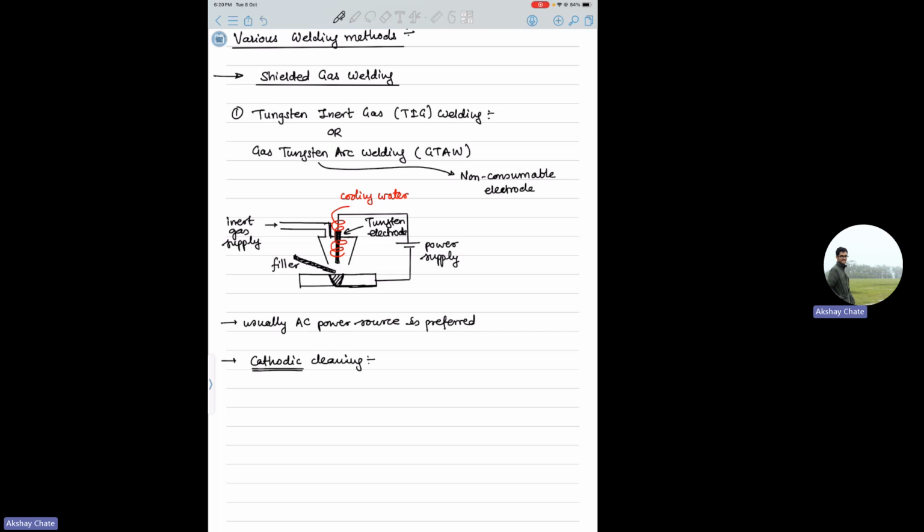So cathodic cleaning is a process in which, if there are any oxide formations or any scale formations on your cathode, these things go away.